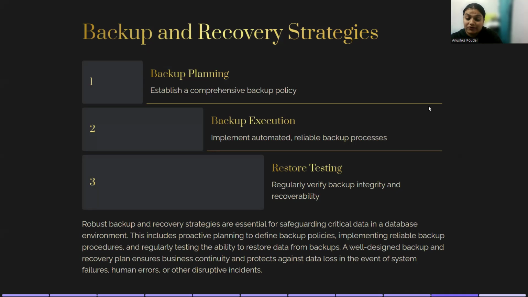This includes proactive planning to define backup policies, implementing reliable backup procedures, and regularly testing the ability to restore data from the backups. A well-designed backup and recovery plan ensures business continuity and protects against data loss in the event of system failure, human errors, or other disruptive incidents.